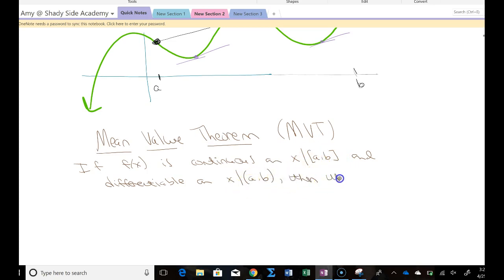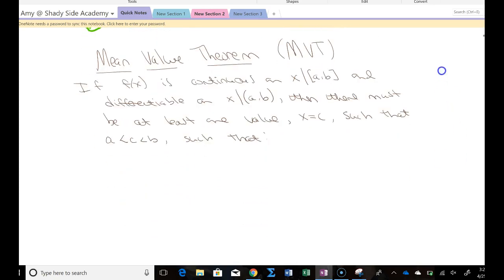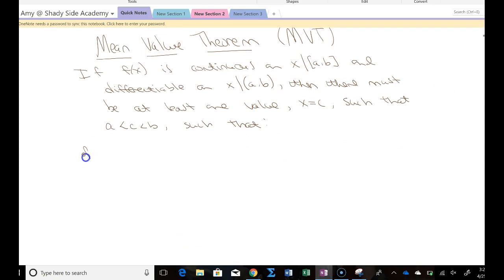Then there must be at least one value c such that a is less than c, which is less than b, such that f of b minus f of a over b minus a equals f prime of c.